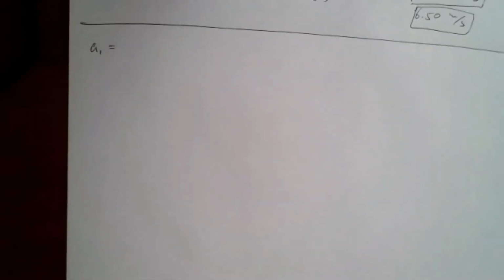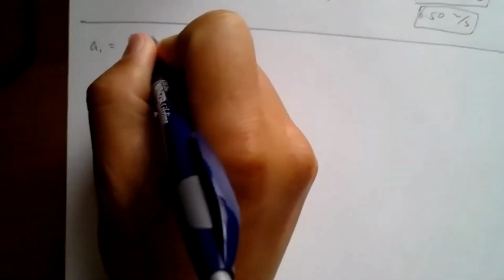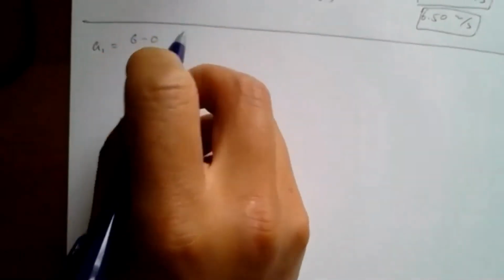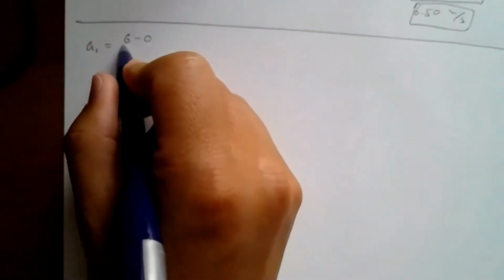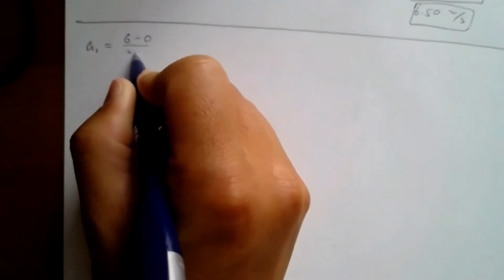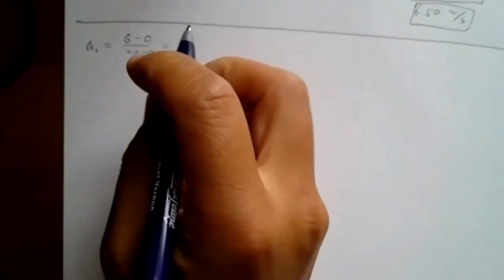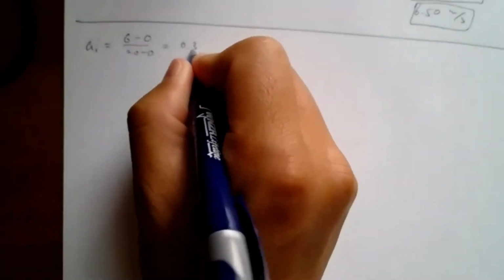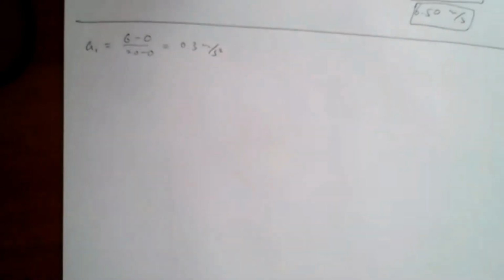You're going to solve for the acceleration for the first part, from 0 to 20 seconds. You take the difference in velocity, so it goes from 6 minus 0, the final velocity minus initial velocity, divided by the time, 20 minus 0. That will give you about 0.3 meters per second squared on the first part.